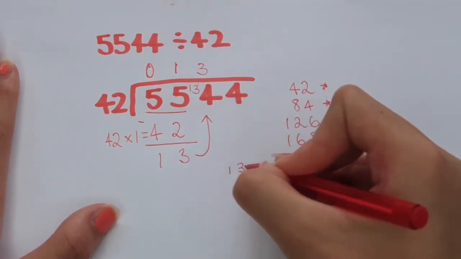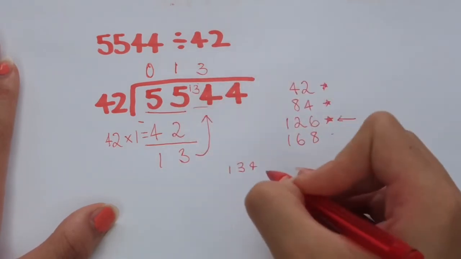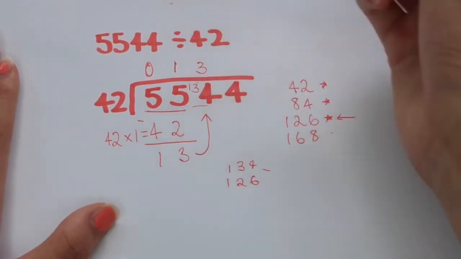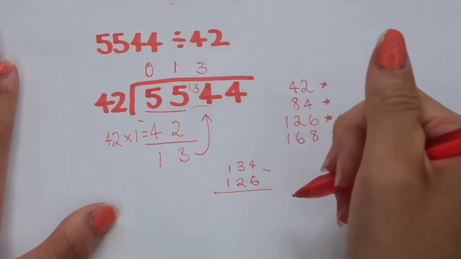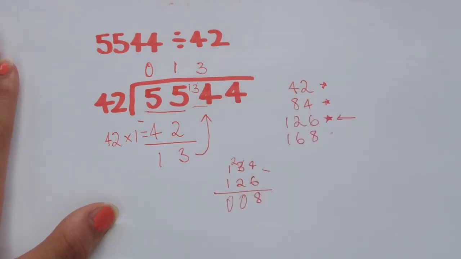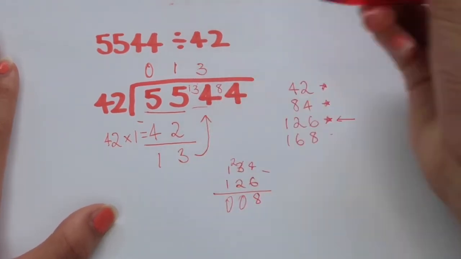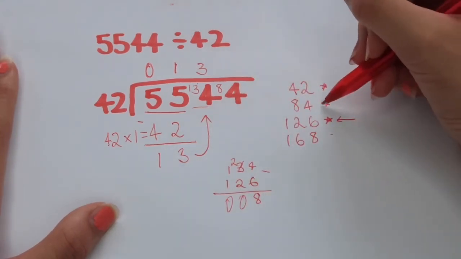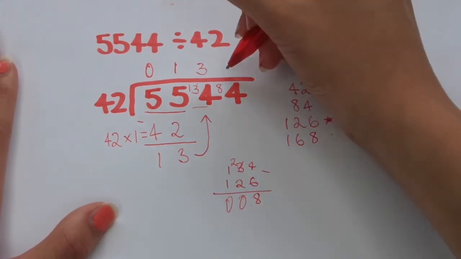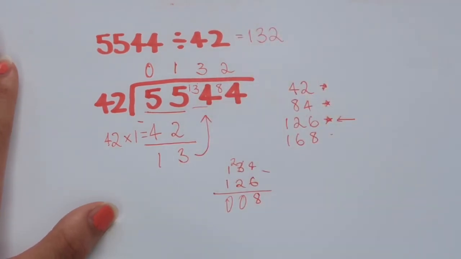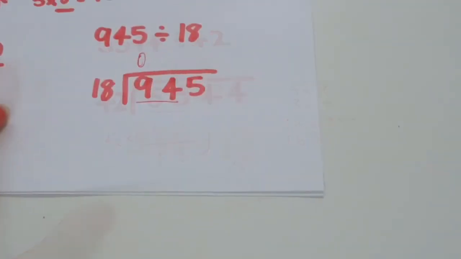I then minus 126 from 134 because 42 multiplied by 3 is 126. I minus them away from each other to get 8. I then take the 8 up to the 4 to make it 84. How many times does 42 fit into 84? And I can clearly see that this is twice. 5,544 divided by 42 is 132.